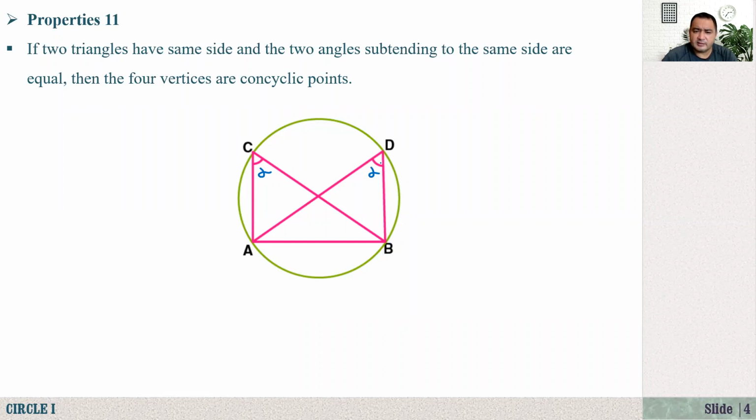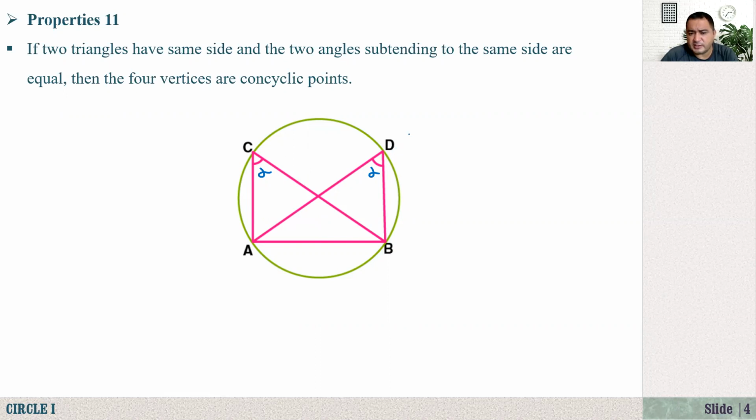Since we are given a triangle ABC, I can draw a circle that passes through these 3 points. Why? Because they are not collinear. They are not lying in a straight line.